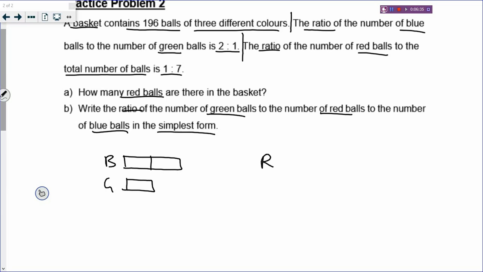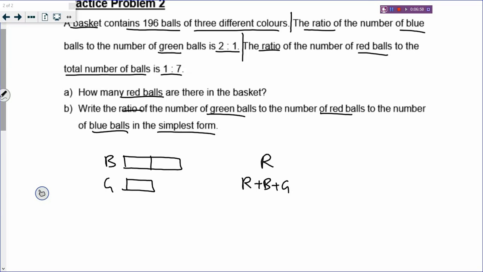So how would you want to draw this model? So the ratio of the red to the total balls, you can put down total balls will be red, blue, and green. So you can have something like model sharing. In one of my earlier lessons, you have a model sharing.